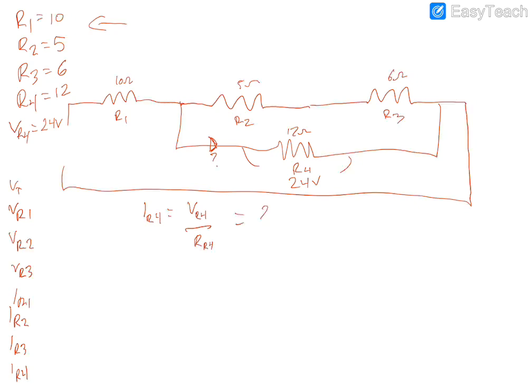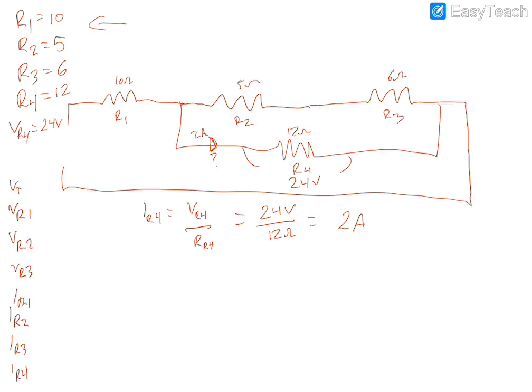We then get 24 volts divided by 12 ohms, which gives us a current of 2 amps. So we have 2 amps flowing through here.